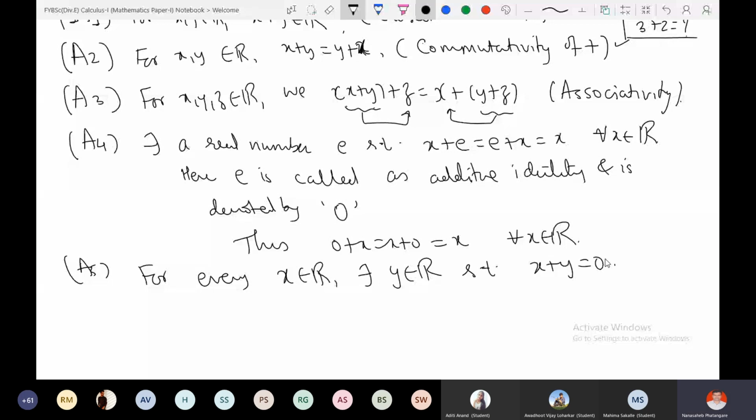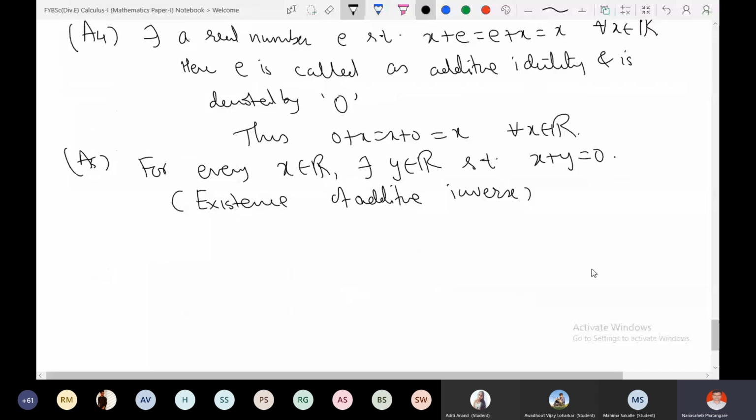So this is called existence of inverse. Right, so you choose any real number, I can produce another real number. If you add them, the sum is 0, right? So that is true in case of real numbers.